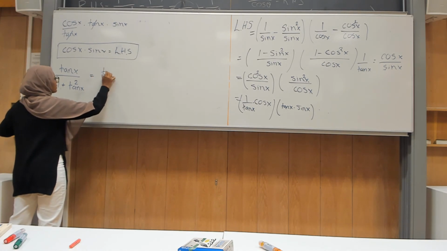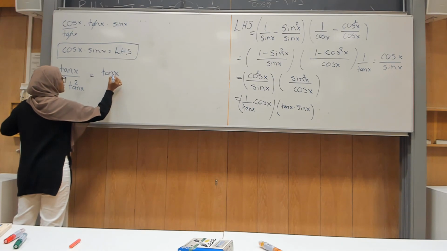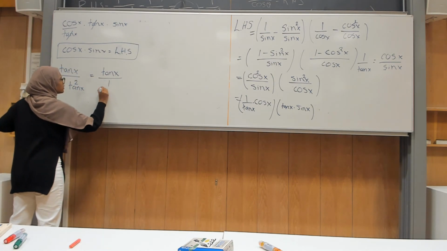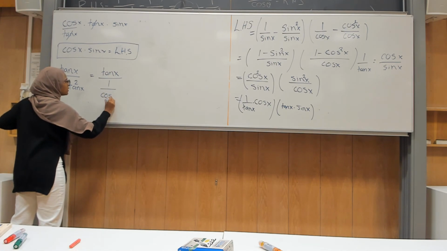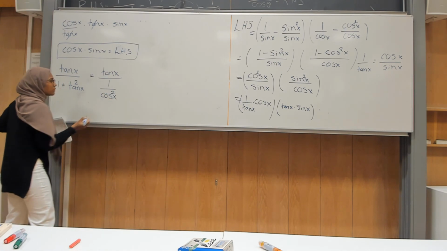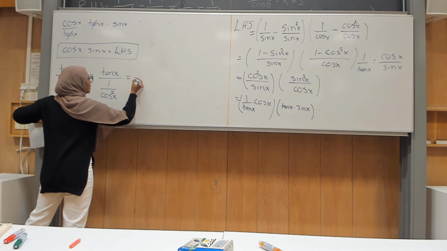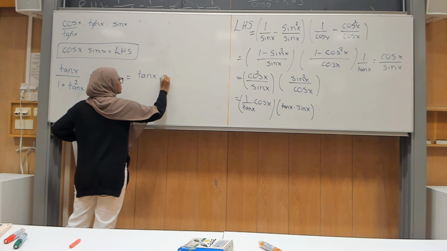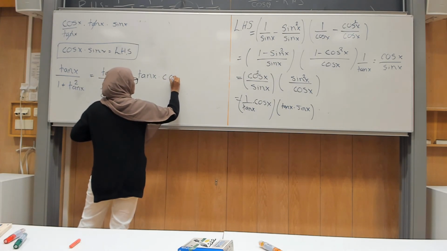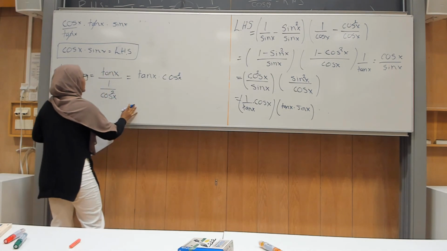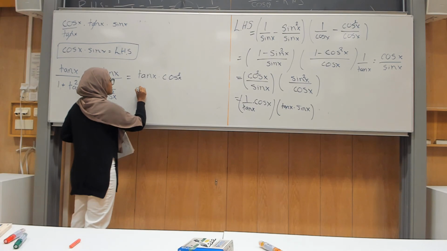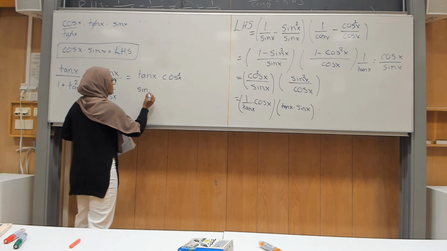So we can write it like this just to show that this tangent x is the same, and it is equal to 1 over cosine x squared. And you can write this as tangent x times cosine squared x. And you can write tangent x as, what is it?